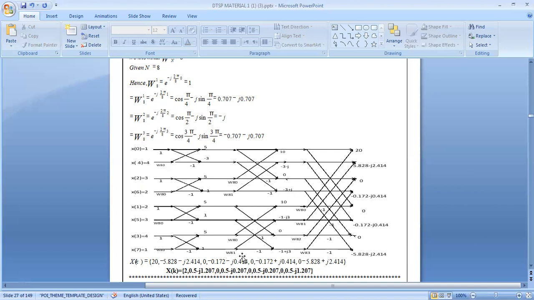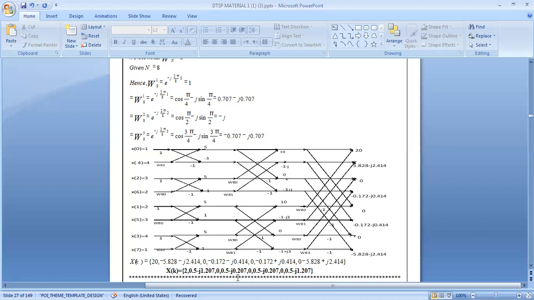So the final answer X of k is 20, minus 0.5828 minus j 2.414, minus 0.172 minus j 0.414, 0, minus 0.172 plus j 0.414, 0, minus 0.5828 plus j 2.414.